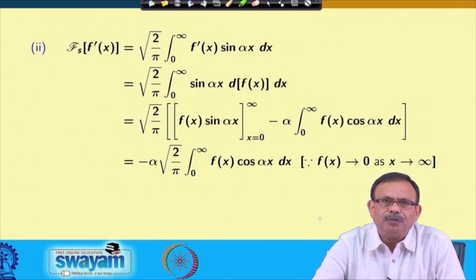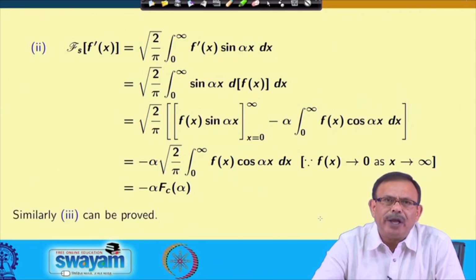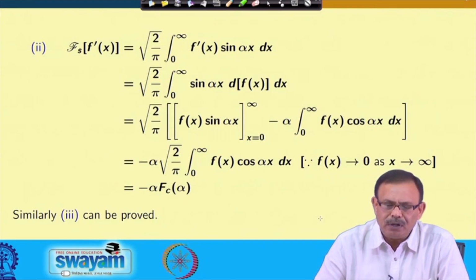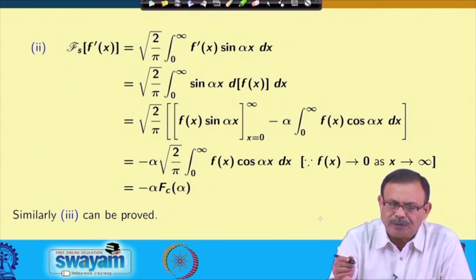So, the first term vanishes and the second integral is nothing but this one. So, minus alpha into the Fourier cosine transform of alpha, which completes the proof that the Fourier sine transform of f dash x equals this quantity. In the same way, the third one you can prove on your own, which is the Fourier cosine transform of f dash x. You can find it out that way.